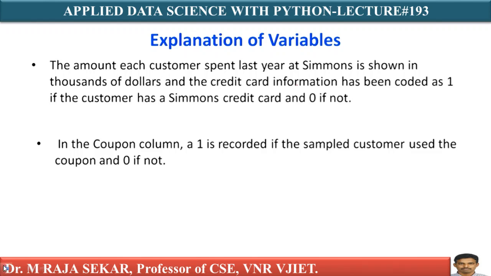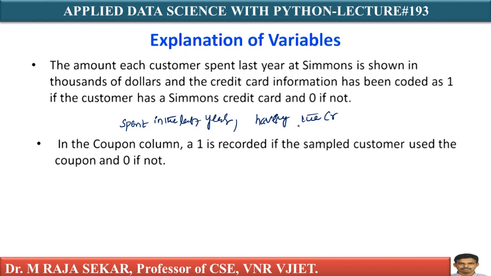That's the first one. The other variable is whether the person has the credit card or not. There are two possibilities. I already discussed this in the previous slide.